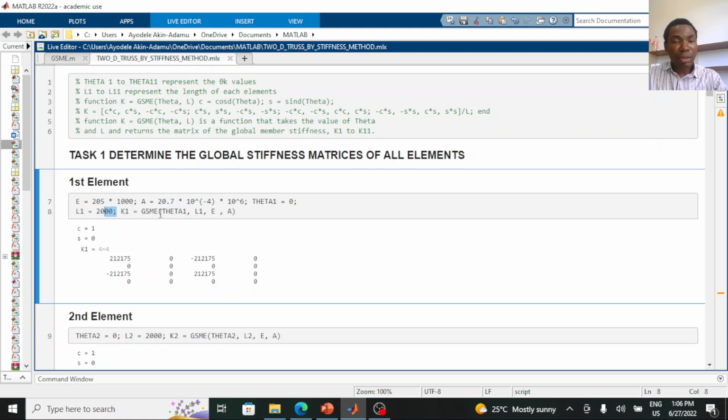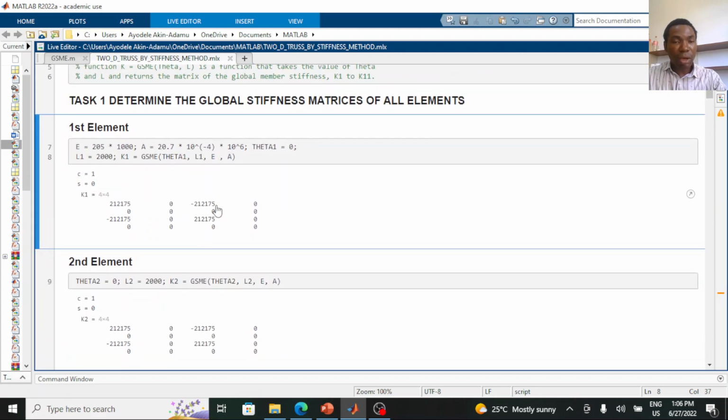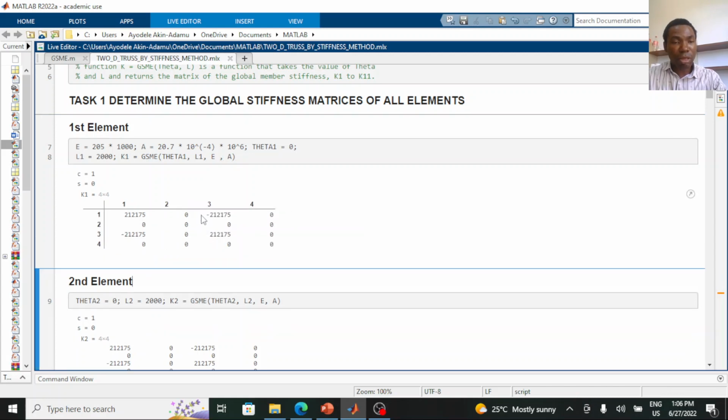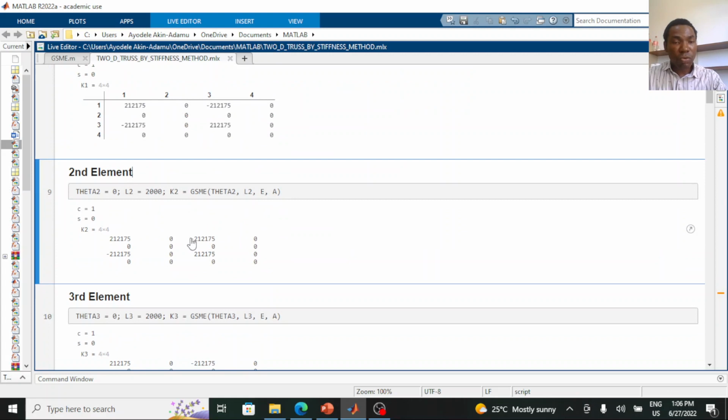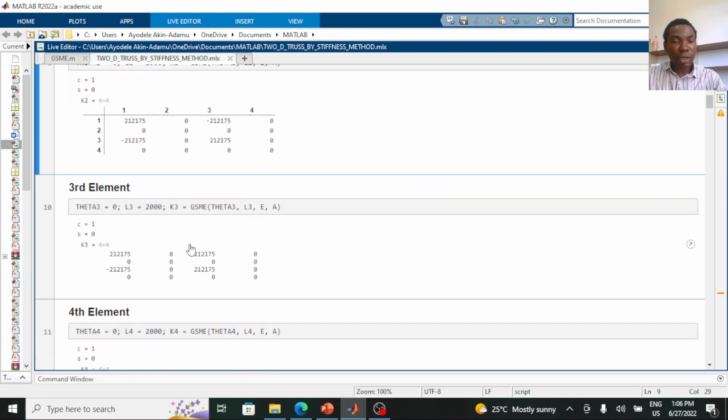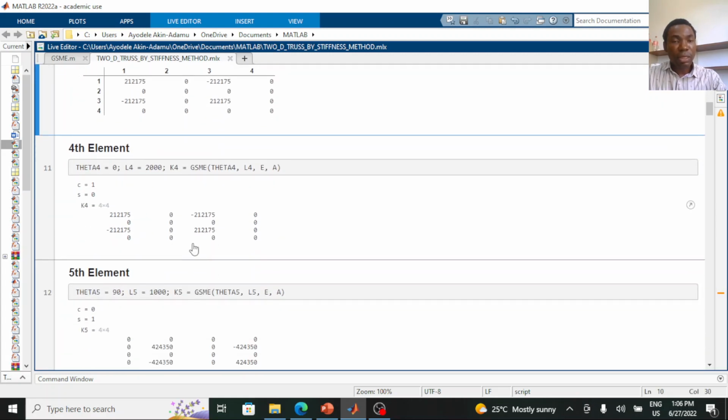If I enter this variable which I defined in my K1, my local stiffness matrix, if I enter theta, the length, the Young modulus, and area, when I run this code, K1 will be calculated and stored in the MATLAB memory. Same thing for K2, K3, K4.